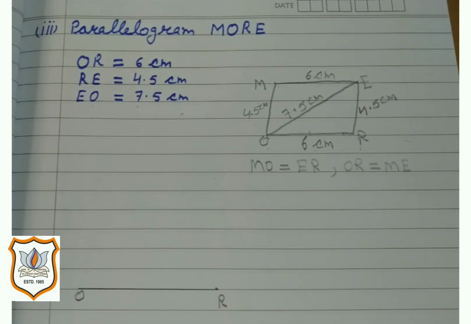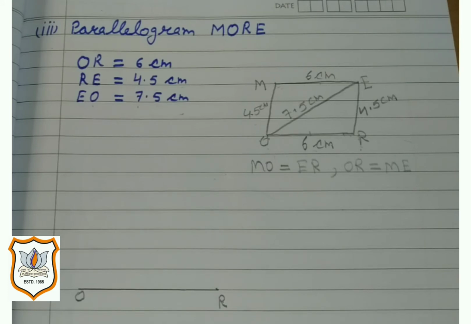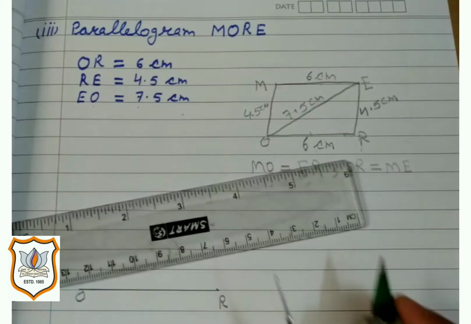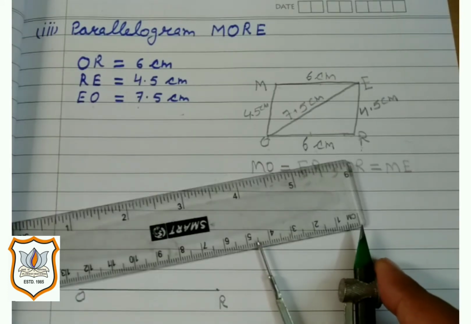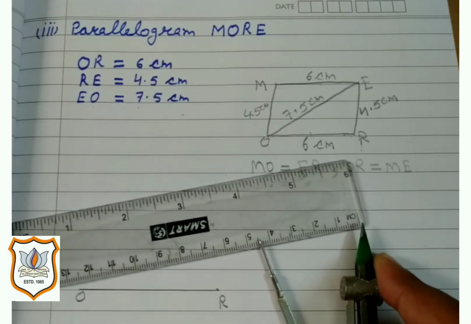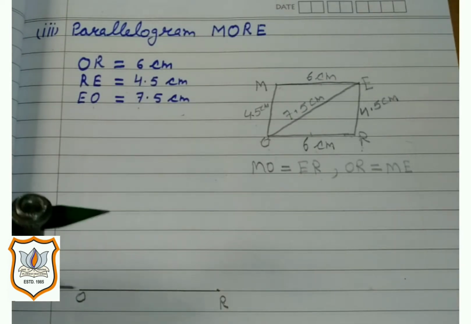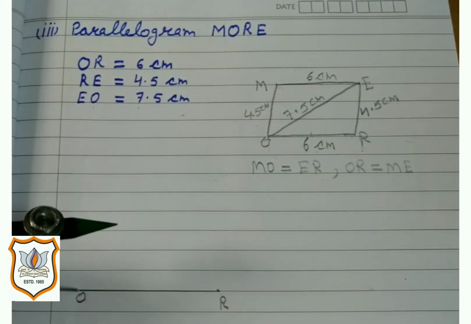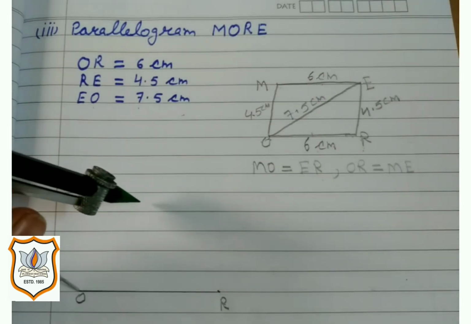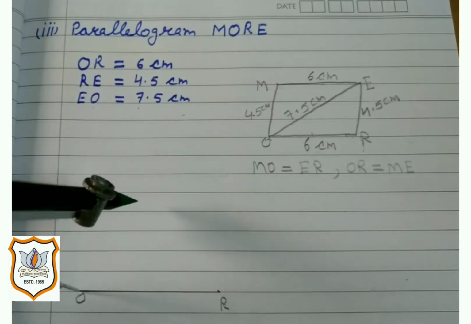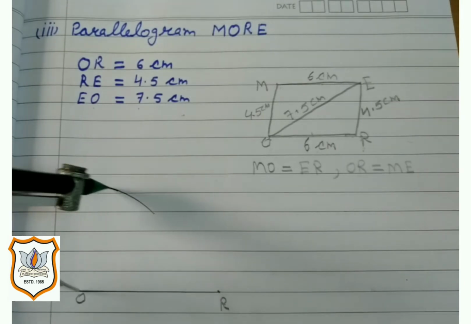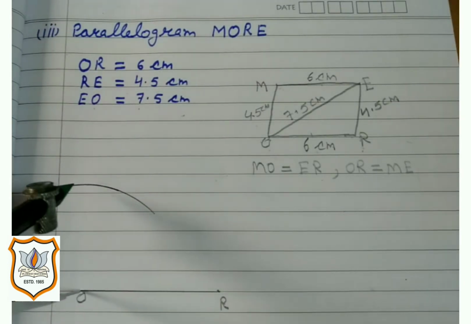Now we draw MO. MO is 4.5 centimeter. So we will take 4.5 centimeter in the compass and we take O as a center. This is O as a center and we will draw an arc of radius 4.5 centimeter. Clear students?